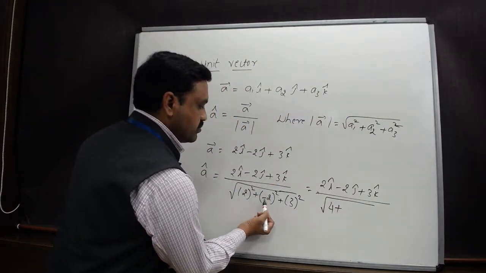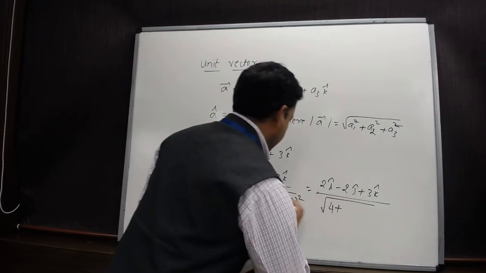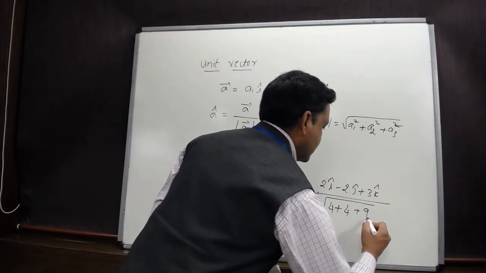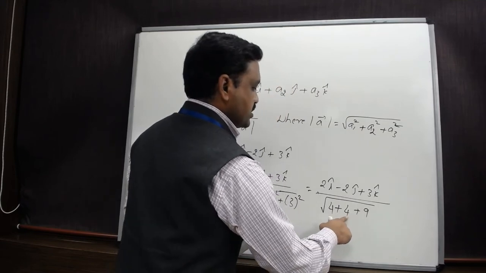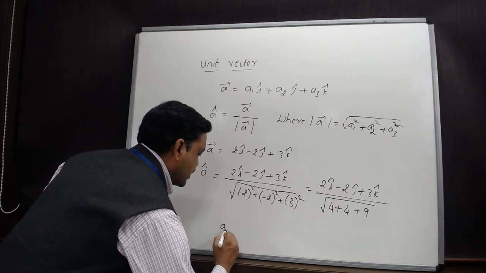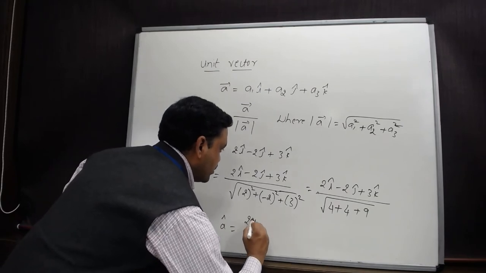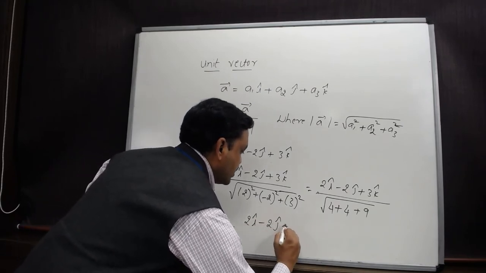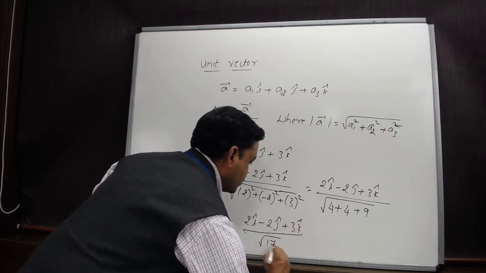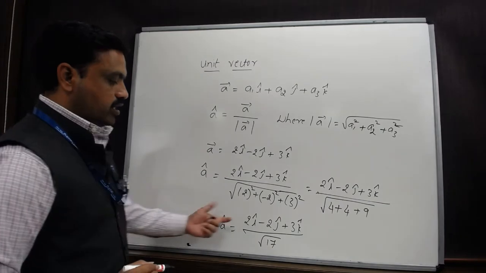The minus becomes plus because it is a square, so it becomes 4, plus 3 square is 9. So 4 plus 4 is 8, 8 plus 9 is 17. Finally, a cap is equal to 2i minus 2j plus 3k divided by square root of 17. So this is the way of calculating a unit vector.